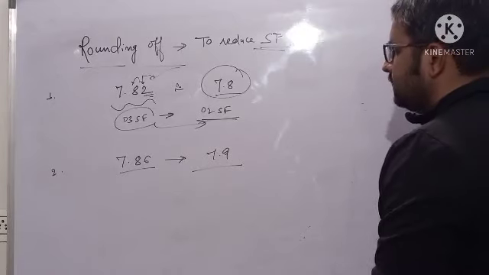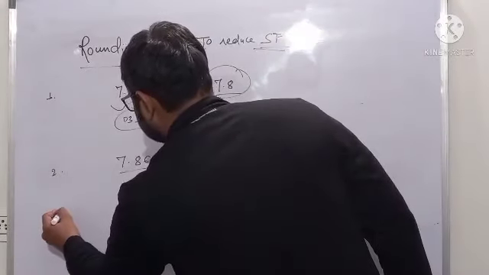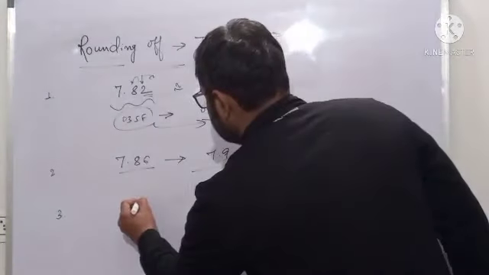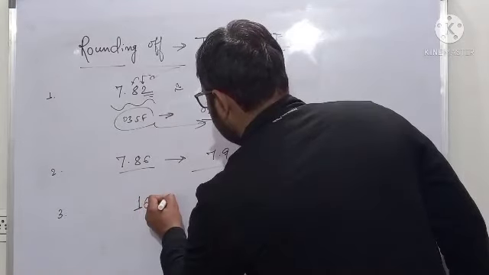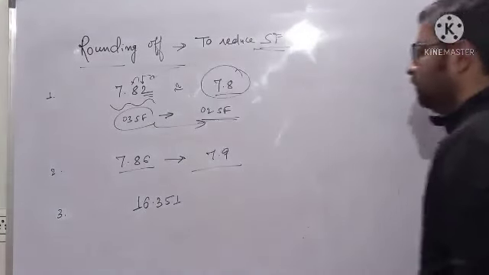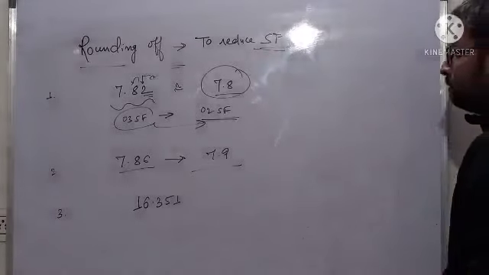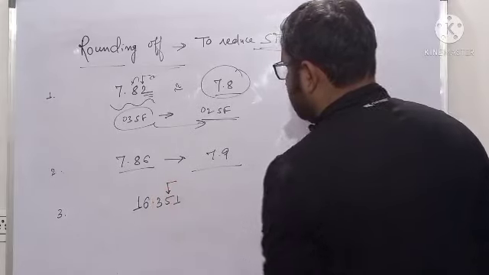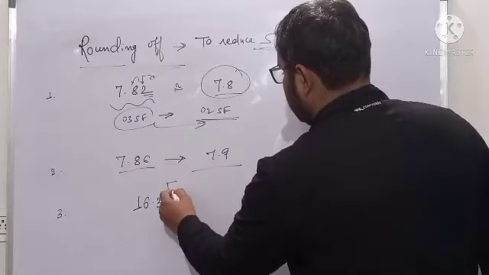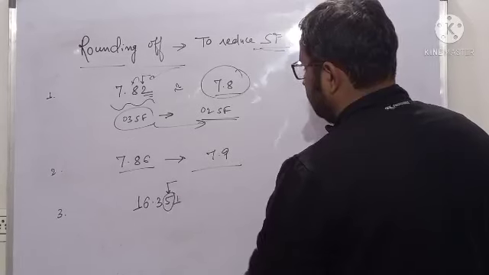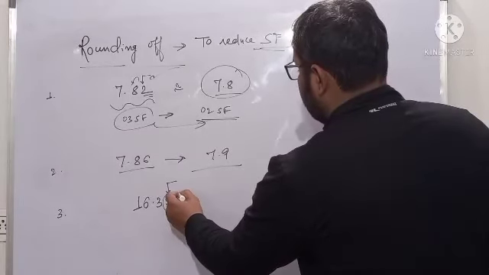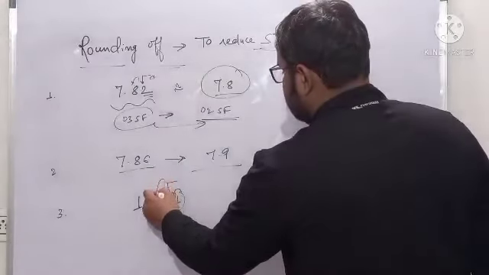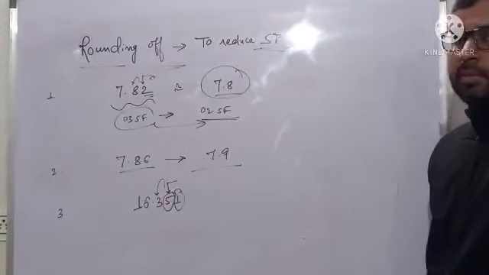My rule 3 says that, suppose I take this example, 16.351. This rule says that if the digit to be dropped is 5, and if it is followed by a non-zero digit, then the preceding digit will be raised by 1.